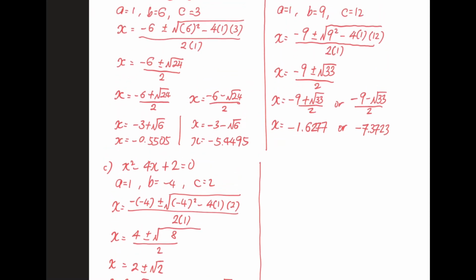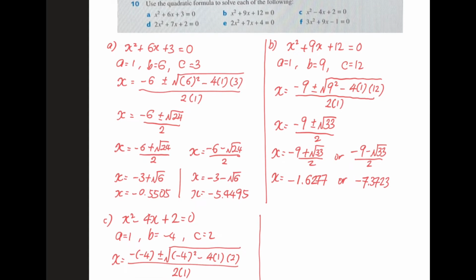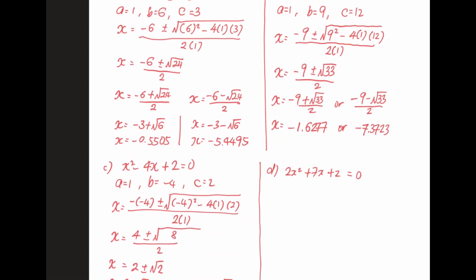And let's continue. We have D then. Question D, 2x squared plus 7x plus 2 equal to 0. For this case, a is equal to 2, b is equal to 7, c is equal to 2. x is equal to minus b plus minus square root of b squared minus 4ac, over 2a.